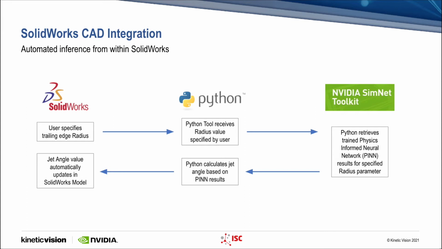Python is going to retrieve the data from the neural network and the results for that specified radius in the parametric run. And then we do some post-processing in Python also to take a look at the velocity profiles and calculate an average jet angle, and then relay that jet angle back into SolidWorks.